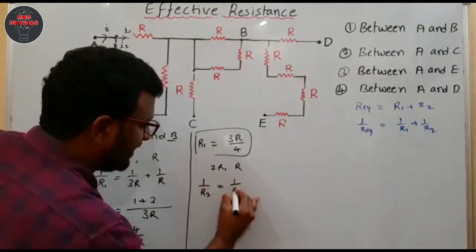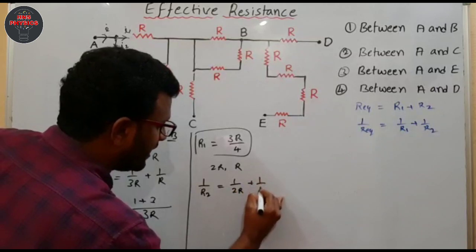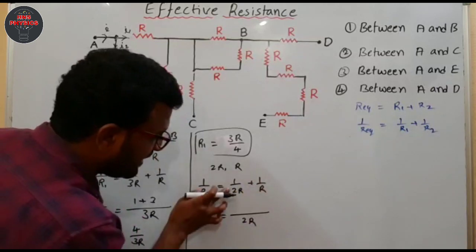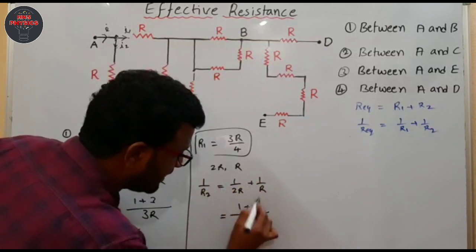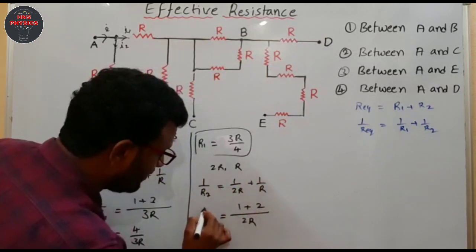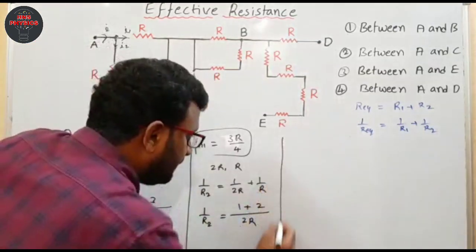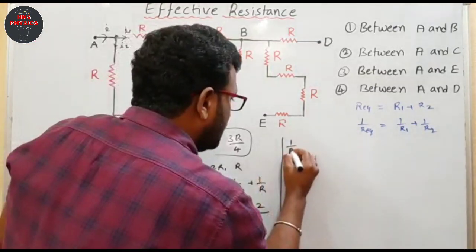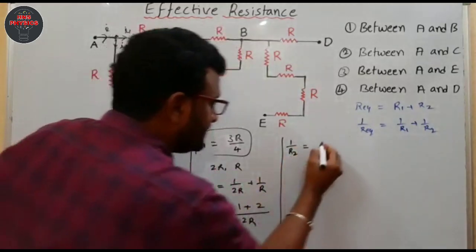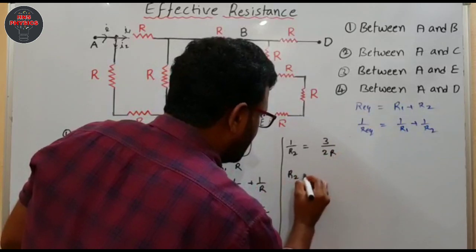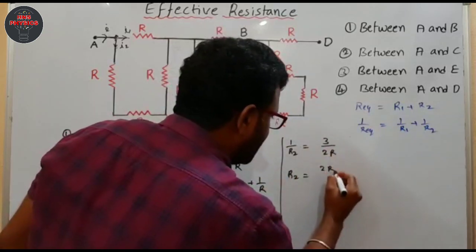So 1 by R2 equals 1 by 2R plus 1 by R. The LCM is 2R, so 1 plus 2, then 1 by R2 equals 3 by 2R. From here, R2 equals the reciprocal, 2R by 3.